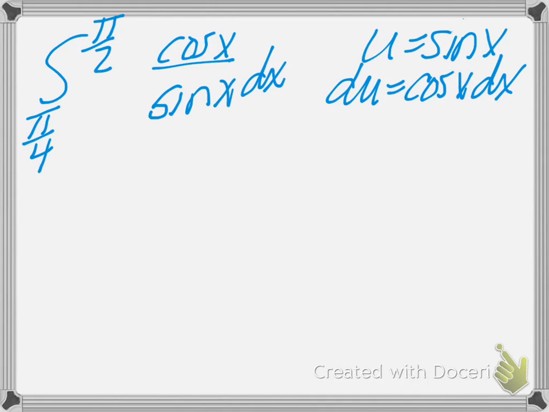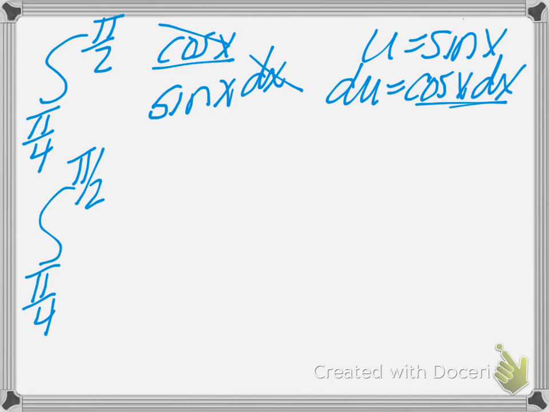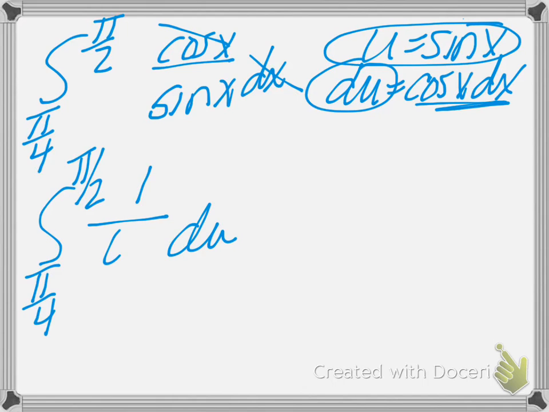Okay, so I'm going to rewrite my integral. I am going to take out the cosine x dx and switch it for du. That leaves me with 1 over sine x, but sine x is just u. So this is just going to be ln of u.